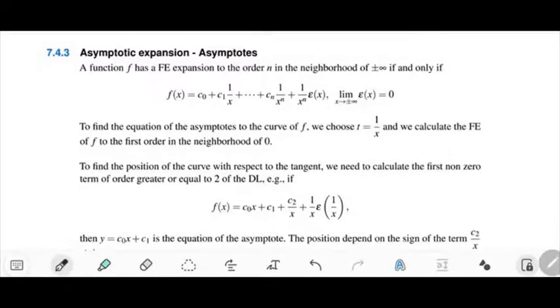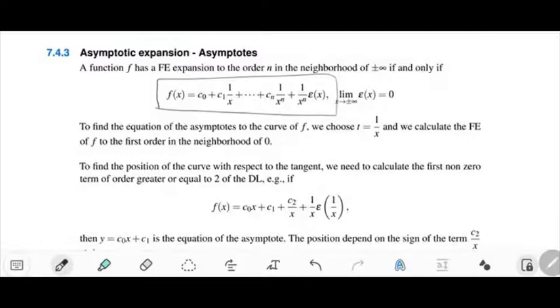it means we are calculating something in the neighborhood of plus infinity. So a function f, we say that it has an expansion to the order n in the neighborhood of plus infinity if it can be written as follows. So instead of x, we have 1 over x, because if x goes to infinity, 1 over x goes to 0.